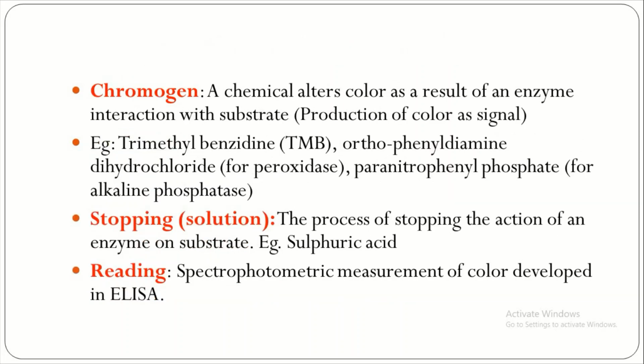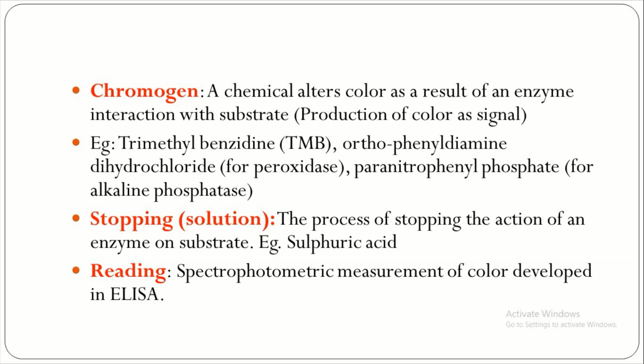Next is the chromogen or substrate. This is a chemical which doesn't have a color, but when it reacts with an enzyme, it produces a color. Specific enzymes have specific substrates. You can use tetramethylbenzidine or orthophenylenediamine dihydrochloride; peroxidase enzymes use these substrates.